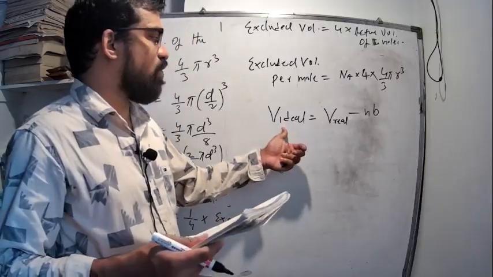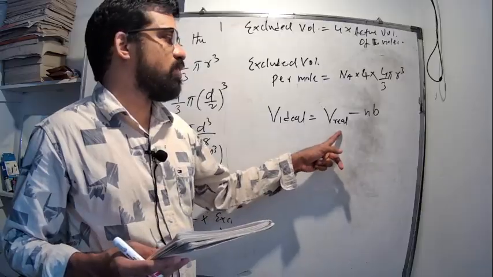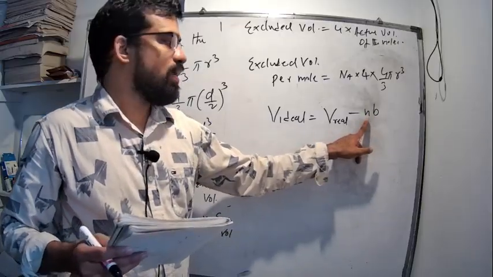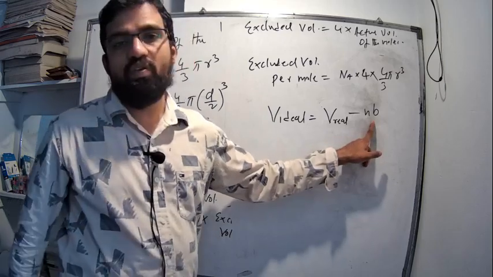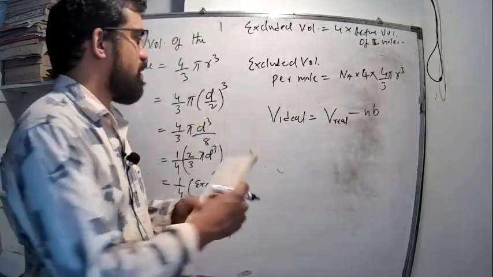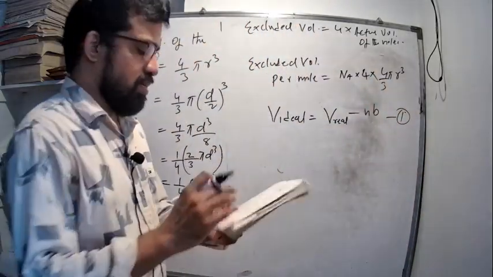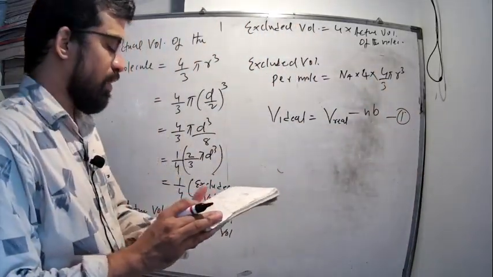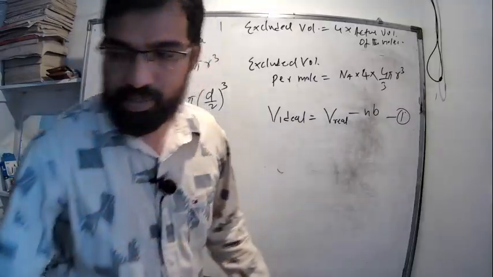So ideal volume should be replaced by actual volume of the container minus excluded volume. This is the first correction done by Vanderwaals. Okay, so this is the volume correction. Okay, next is pressure correction.